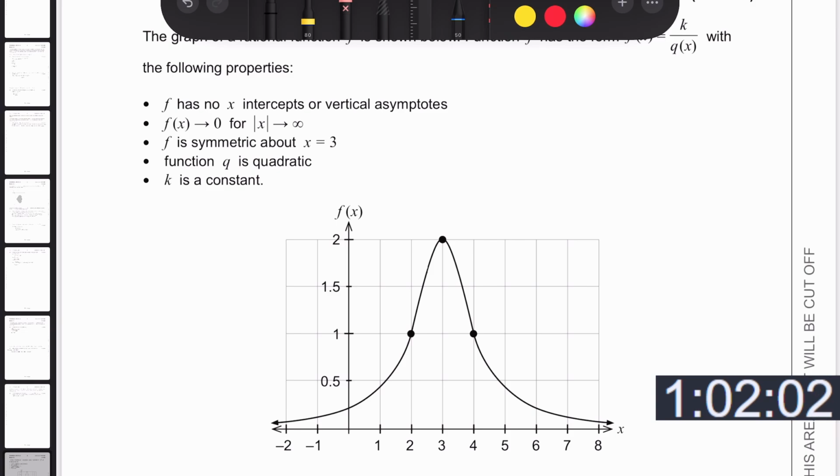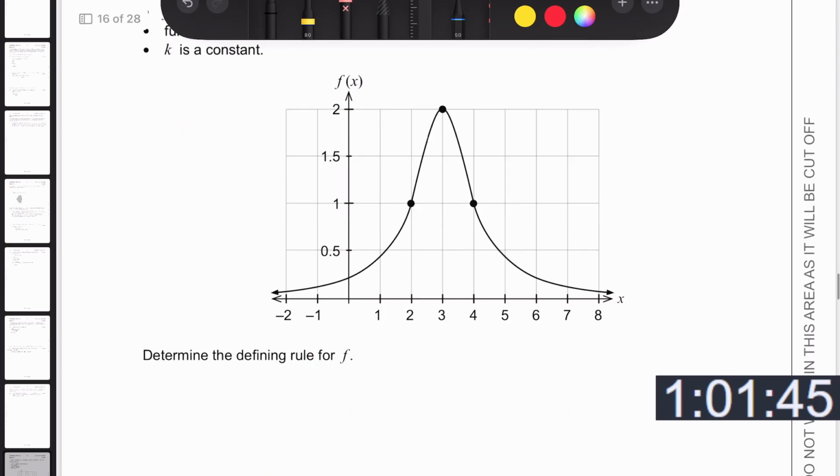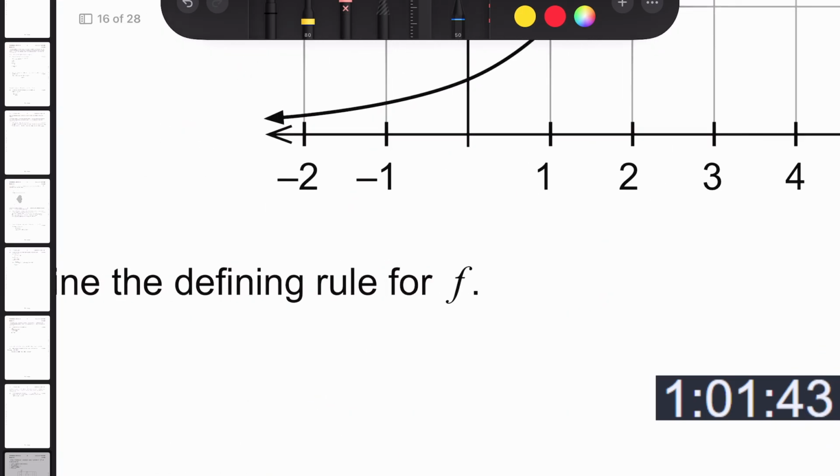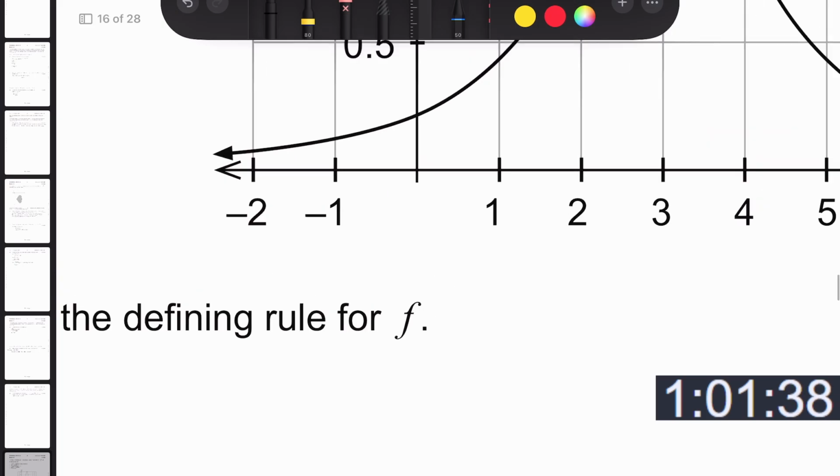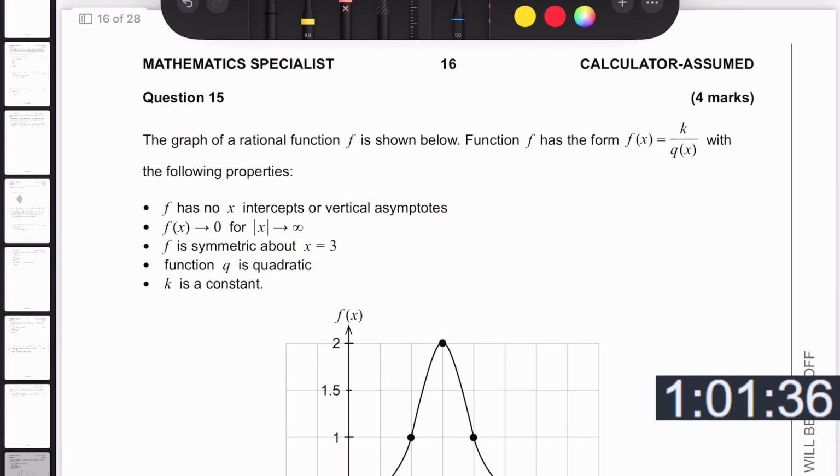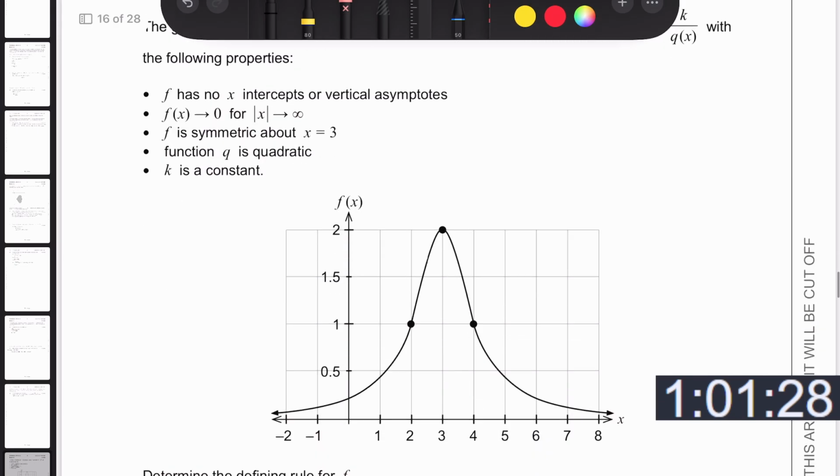So it has no x intercepts, so y cannot equal 0. Symmetric about x is equal to 3. f of x approaches 0. If it's symmetric about x equals 3, that means it's probably going to have a maximum point, so q is a minimum.